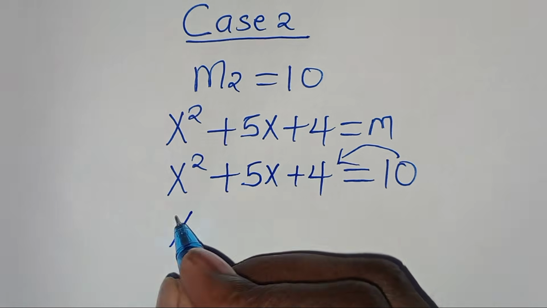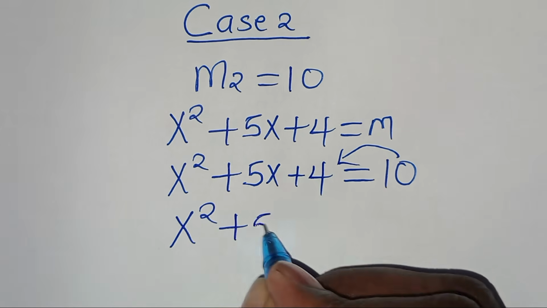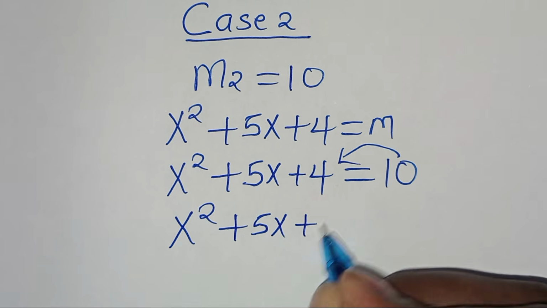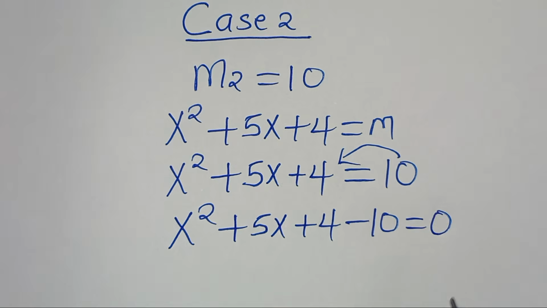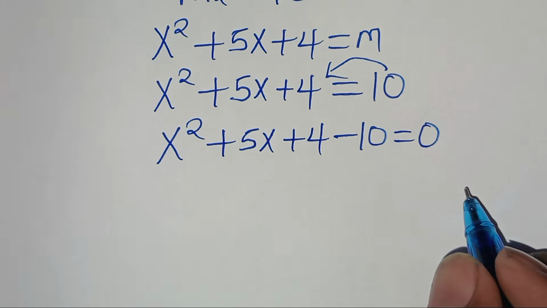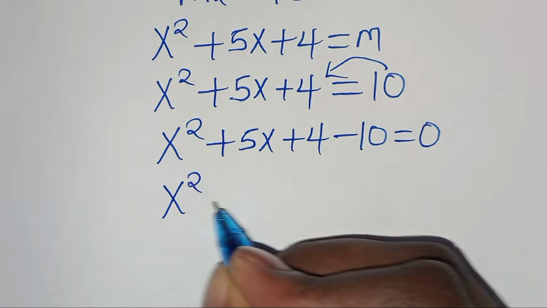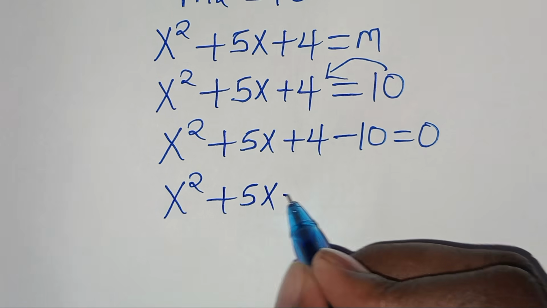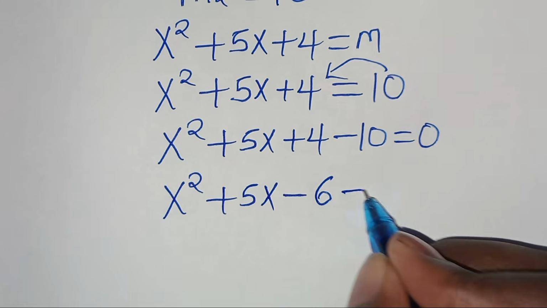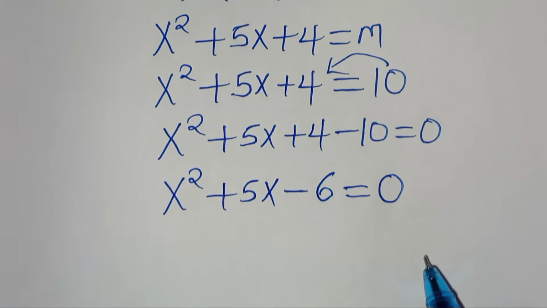So we have x squared plus 5x plus 4 minus 10 equal to 0. So we have x to the power of 2 plus 5x, now 4 minus 10 is minus 6, and this is equal to 0.